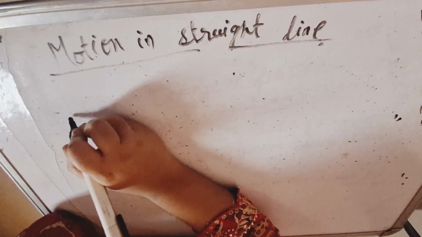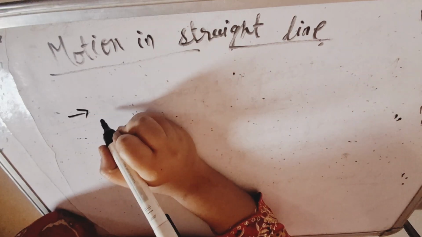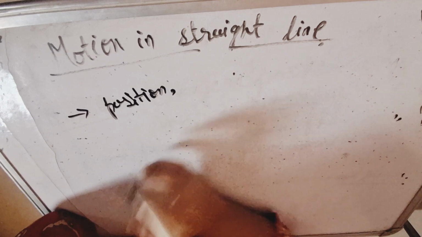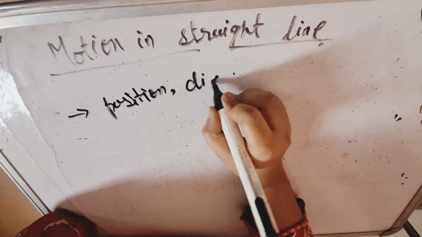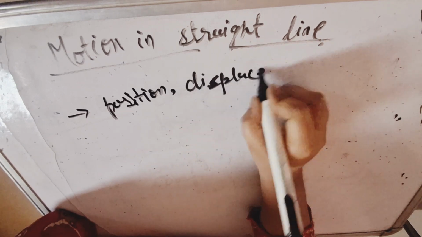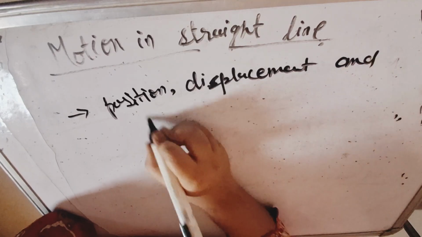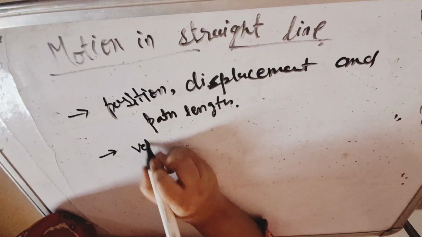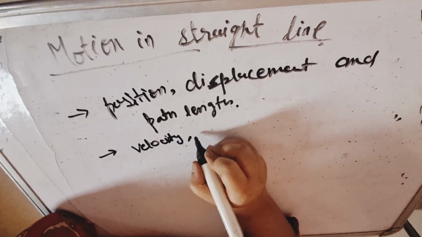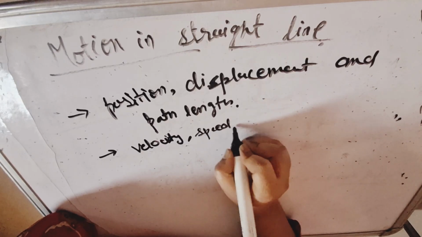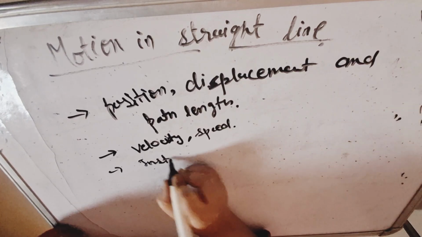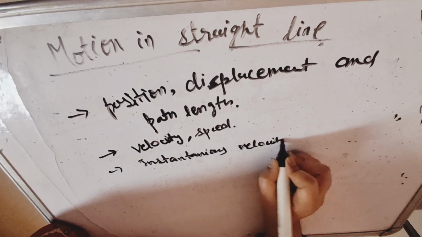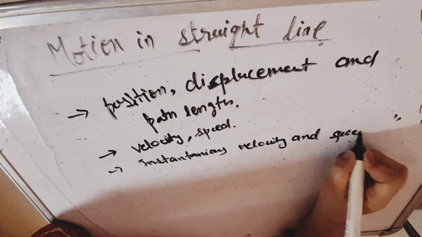So, in this chapter, I will study first position, displacement, and path length. Second, velocity and speed. Third, instantaneous velocity and speed.